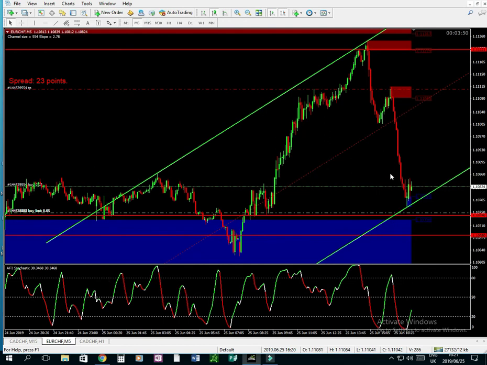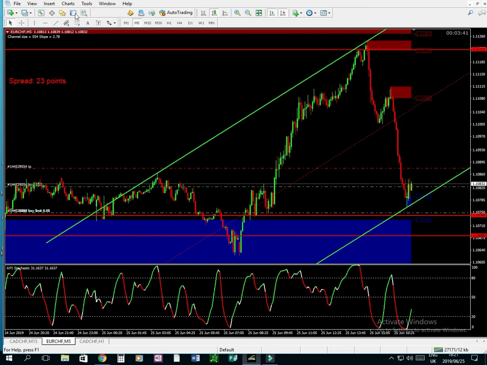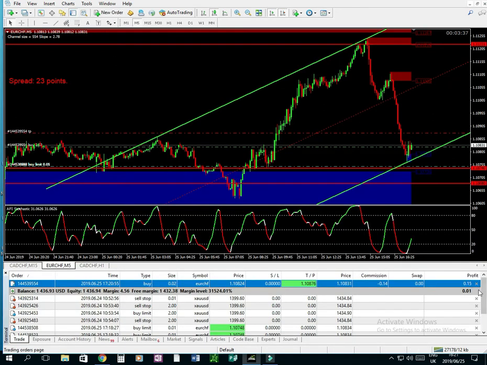It's a lot of pips, and that's me being greedy, by the way, because I can just place my TP about here and scalp 50 pips. I'm already running in profits, 10 cents profits, because this 24 runs with the commission of minus 14 cents.